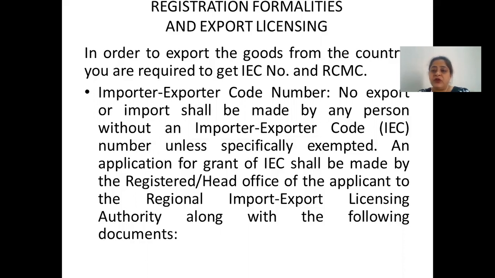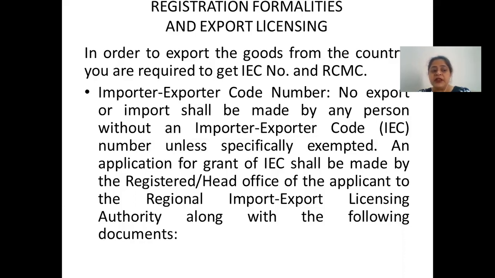After that, we need to obtain the PAN number from the income tax authority, and the importer exporter code number, generally known as the IEC number. We have to obtain this number from the regional licensing authority. Then we have to take the registration cum membership certificate from the concerned export promotion councils.